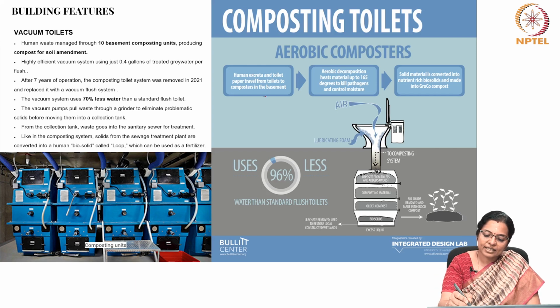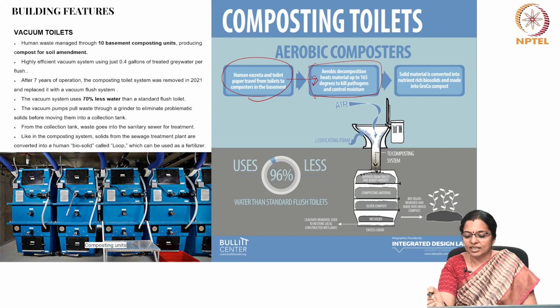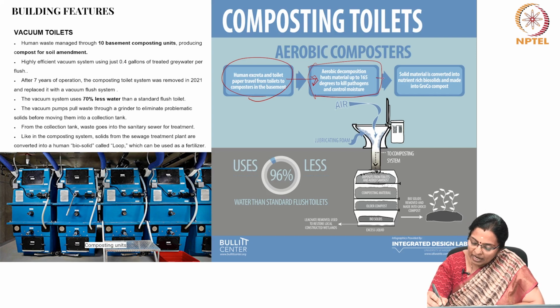Human excreta and toilet paper travel from the toilets to the composters placed in the basement. Aerobic decomposition heats the material up to 165 degrees to kill the pathogens and control the moisture.